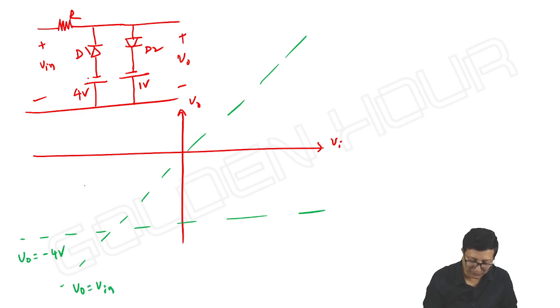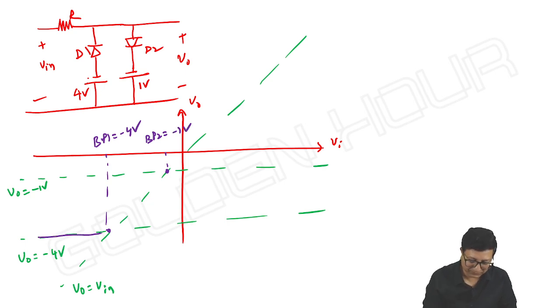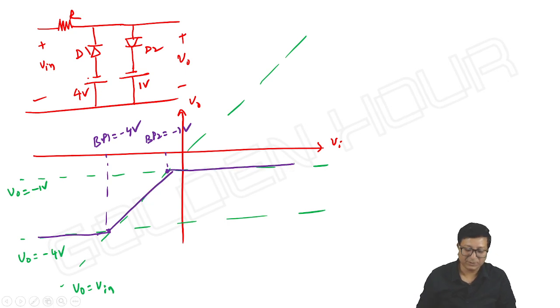And one more is V output is equal to minus 1 volt. Then the breakpoints: breakpoint 1 is minus 4 volts, breakpoint 2 is minus 1 volt. This is how we get it. I'm taking ideal diodes; this is for the case of ideal diodes.